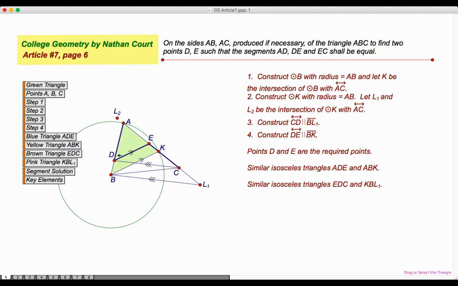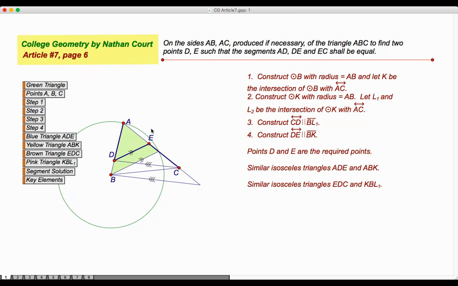That's the one. Okay? Next, I can construct another circle, this time with center K. Radius is either AB or BK, so radius is equal to AB. And let L1 and L2 be the intersections with line AC.